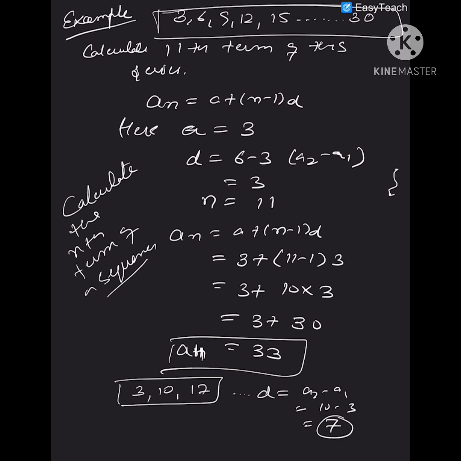Here the last term is already given. If the last term is already given, then use the formula L - (n - 1)d. By using this formula, you can calculate the 5th term from the last.